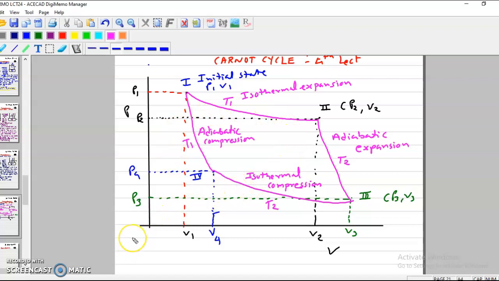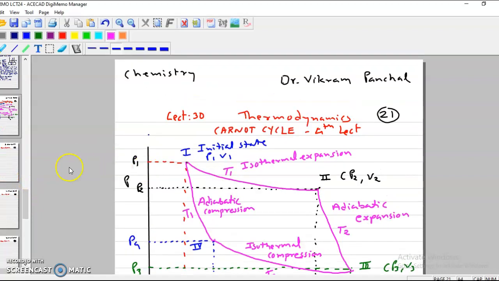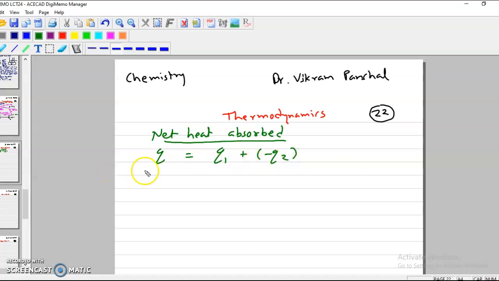Now we will see the net heat absorbed during the Carnot cycle. The net heat absorbed is Q, and Q is equal to Q1 plus Q2, because Q2 is negative.